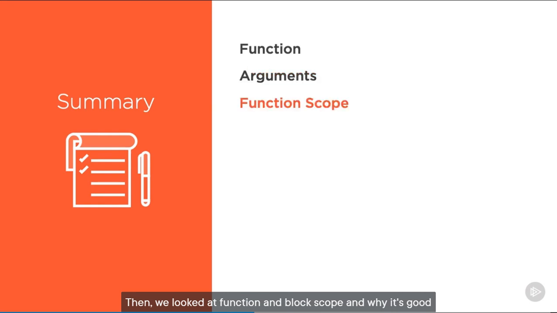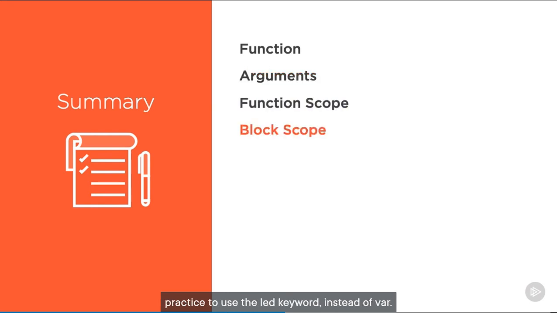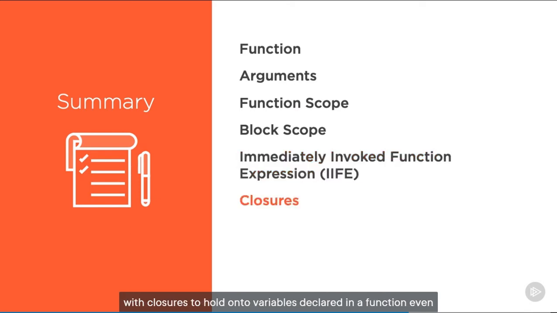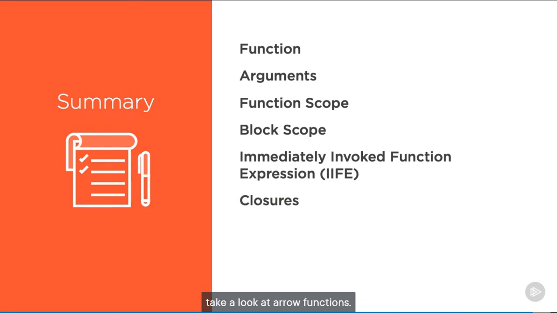Then, we looked at function and block scope, and why it's good practice to use the let keyword instead of var. Finally, we looked at how powerful the IIFE pattern is and how it can work with closures to hold on to variables declared in a function even after the function has completed execution. In the next module, we'll take a look at arrow functions.